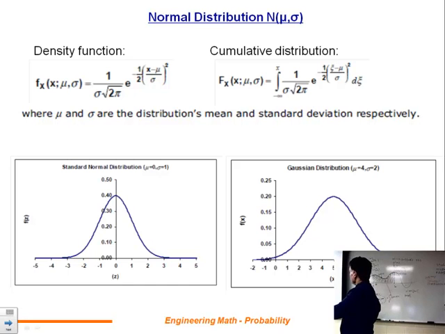What's the point of that constant there? The constant there is just to normalize things. When you integrate this thing from minus infinity to plus infinity, you have to get 1. And that's why that thing is there, because if you just integrate this exponential, you don't get 1. You get actually sigma times the square root of 2 pi.